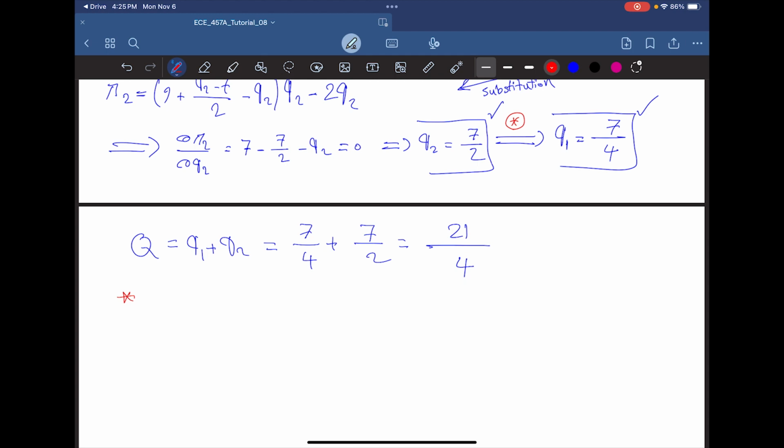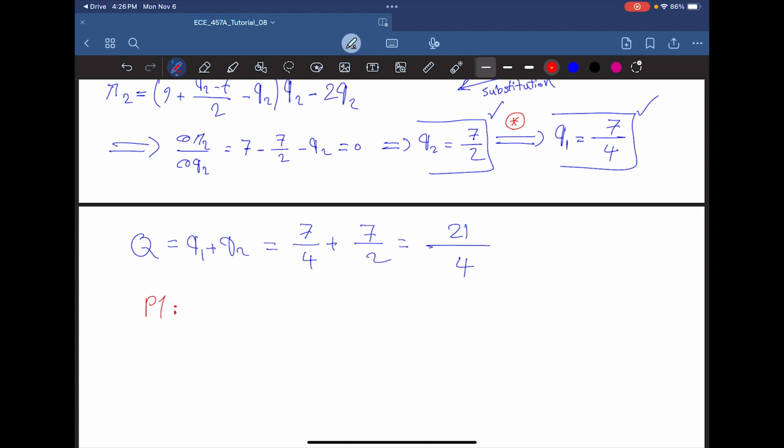A good point here is to note that if player 1 moved first, let me write it like this.